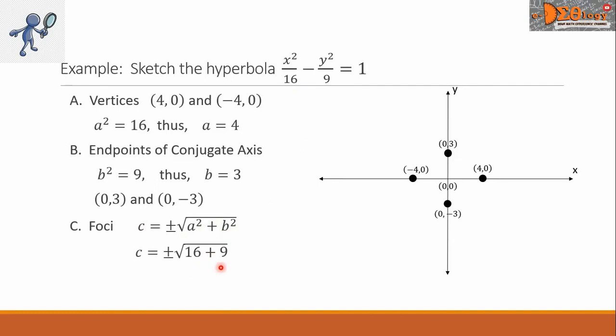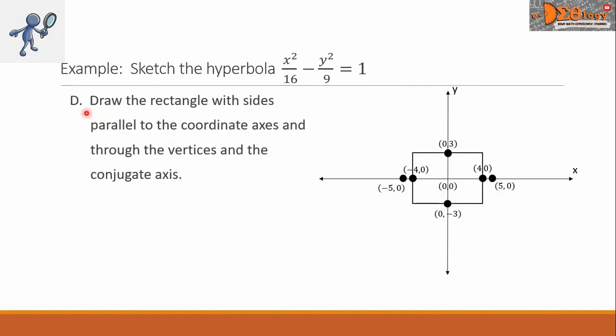So the sum here is 25. Simplifying the square root of 25, we have plus or minus 5. So the coordinates of the foci are (5, 0) and (-5, 0). Here are the respective foci.